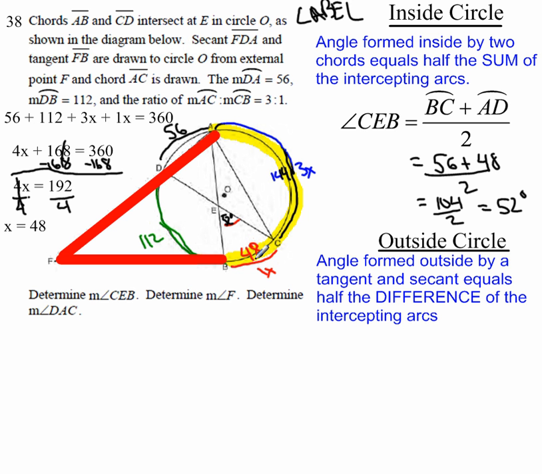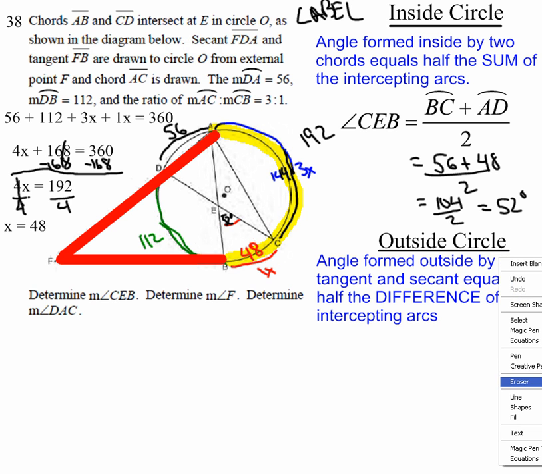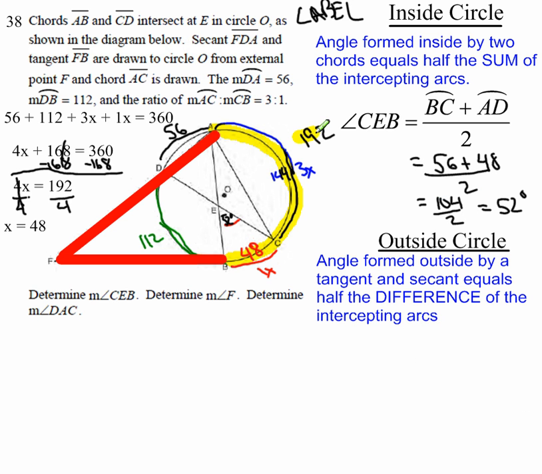That's going to be 144 plus 48, and that's going to be 192. That's the measurement of the arc I highlighted in yellow, arc ACB, 192.